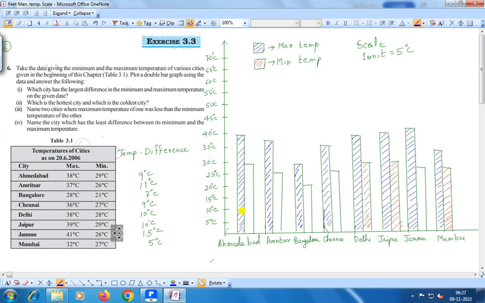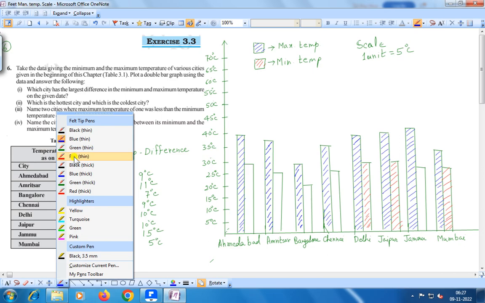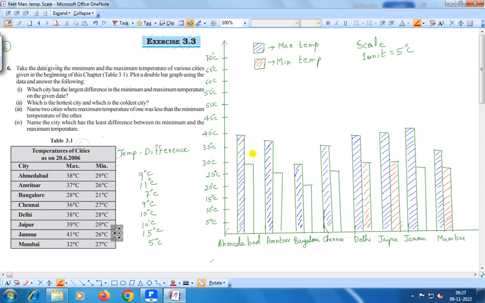Now these red bars are the representation of the minimum temperature. Therefore this is red, this is the minimum temperature, we are shading this bar red. We are shading these bars in red color, which means these are the minimum temperatures.